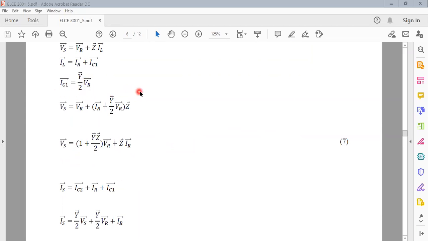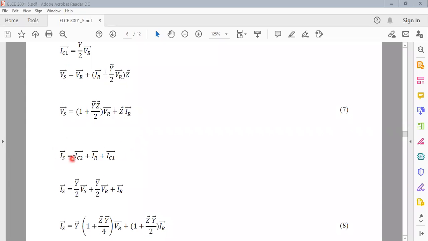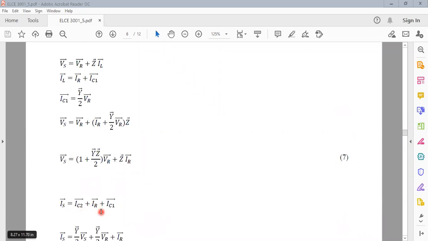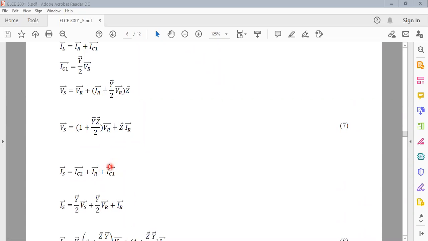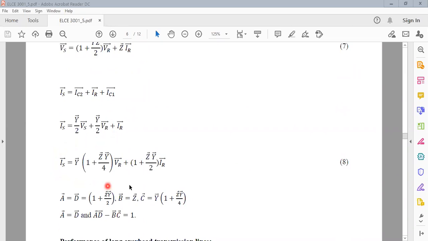Now, if we substitute these equations for IL and IC1, you'll get VS equals 1 plus YZ over 2 multiplied by VR plus ZIR. Now IS equals IC2 plus IR plus IC1. This is the final equation for calculating the current.